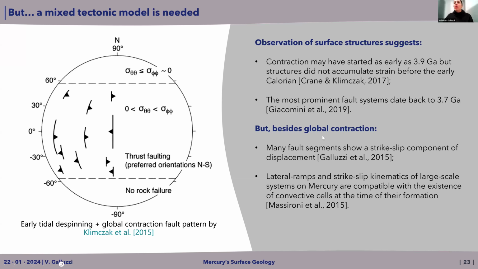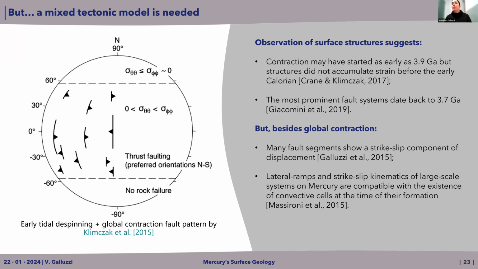But besides global contraction, we also see that many fault segments show a strike-slip component of displacement, and also faults show lateral ramps with strike-slip kinematics for large-scale systems. And with large-scale system, I'm talking about 100 kilometers of fault systems that show strike-slip kinematics at the lateral ramps.